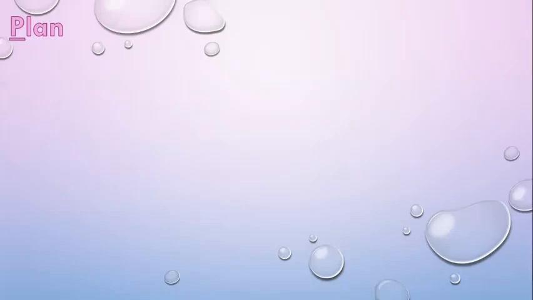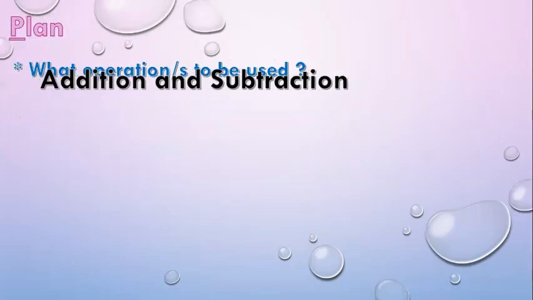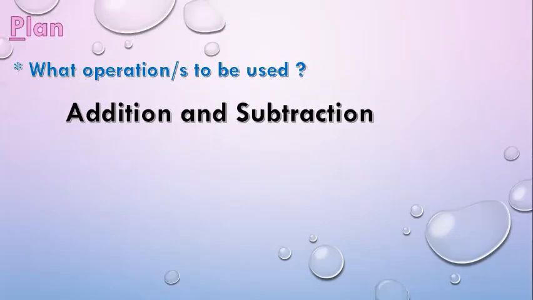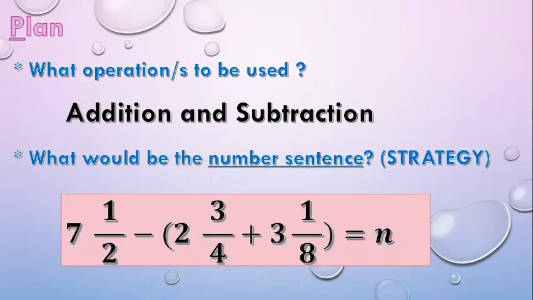So what would probably be the operation or operations? Okay, you have both addition and subtraction. And the number sentence or the strategy that you're going to use is this one. So the total kilogram Mr. De Guzman bought is 7 and 1/2. 2 and 3/4 kilogram is used for afritada, and 3 and 1/8 kilogram is used for menudo.